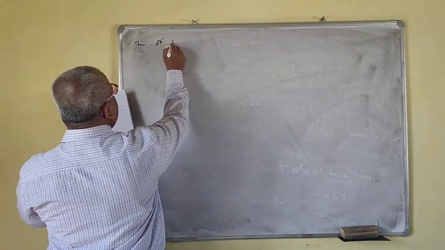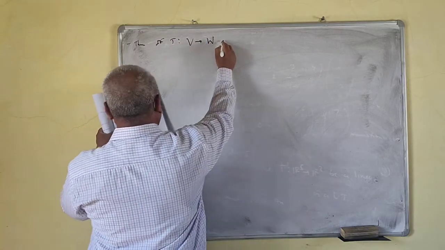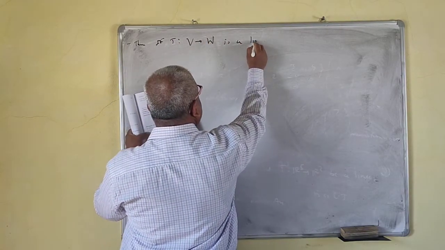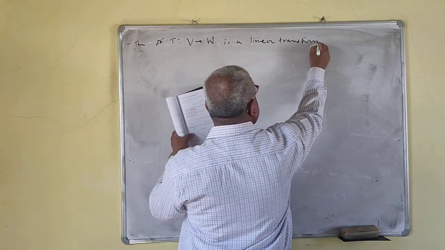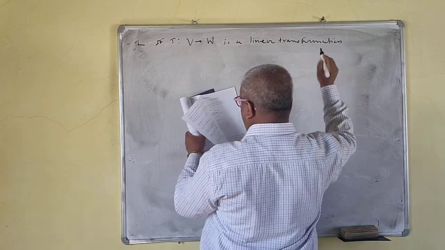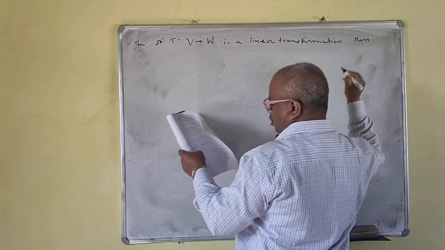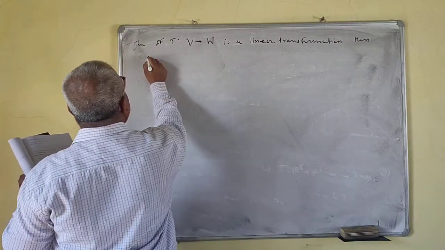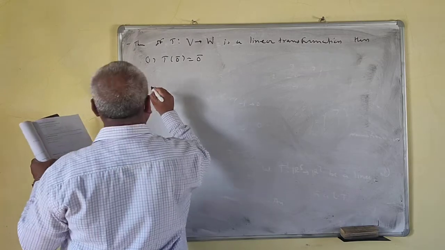If T from V to W is a linear transformation, then first, T of 0 bar is the same as 0 bar.